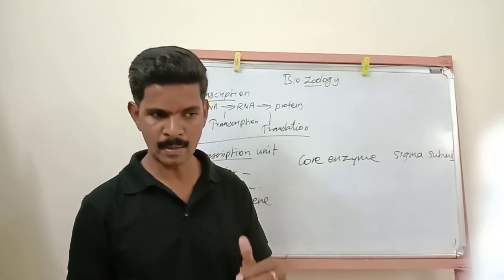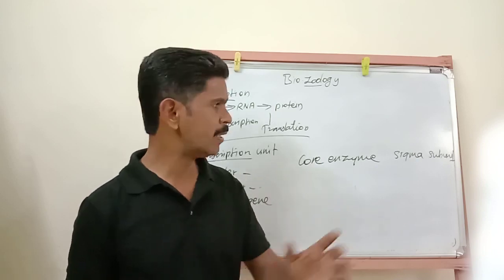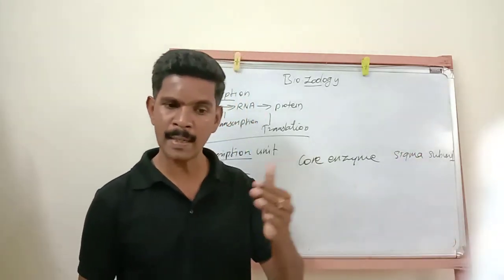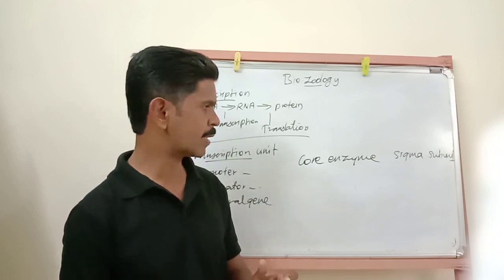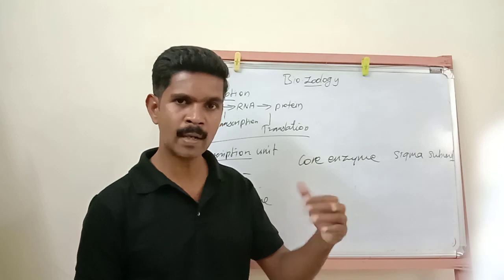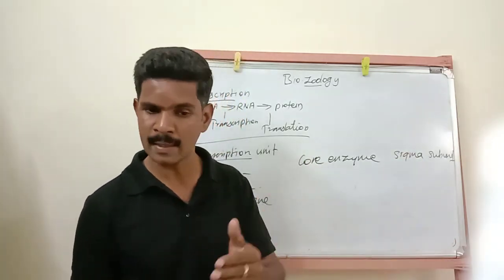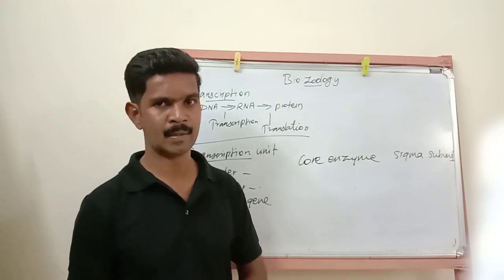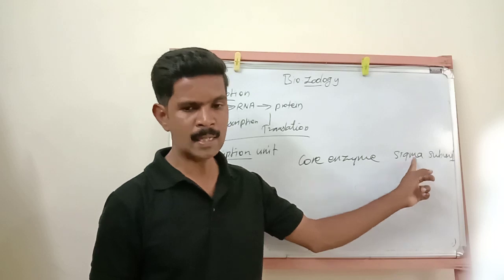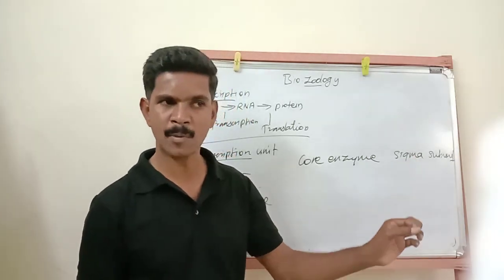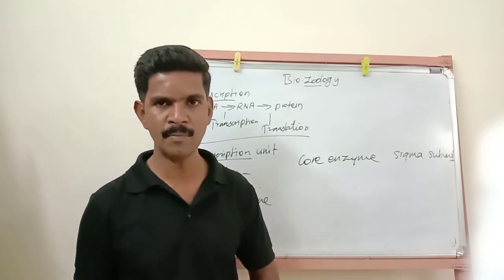Then the core enzyme moves ahead, leaving the sigma subunit behind at the promoter region. Listen very carefully. The sigma subunit is responsible for the recognition of the promoter region.